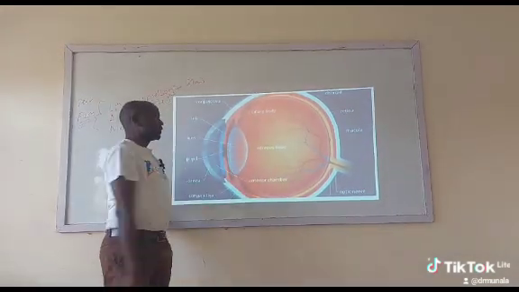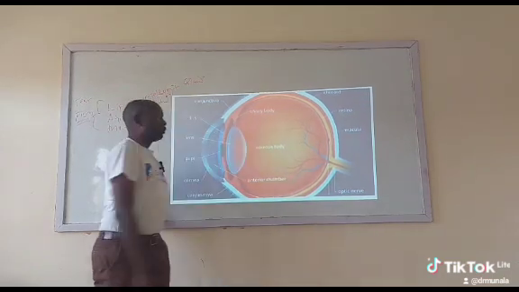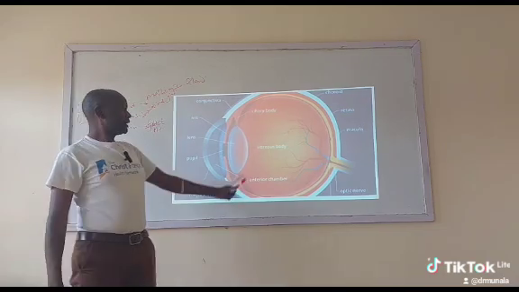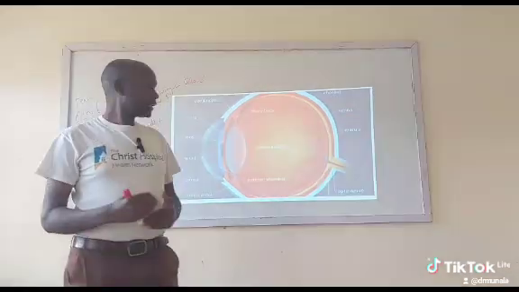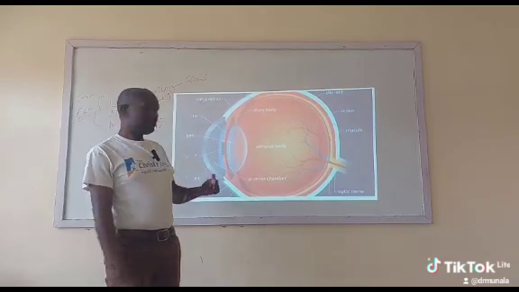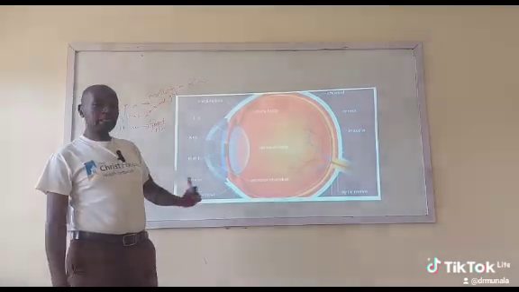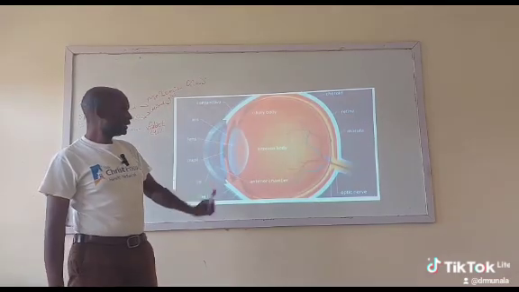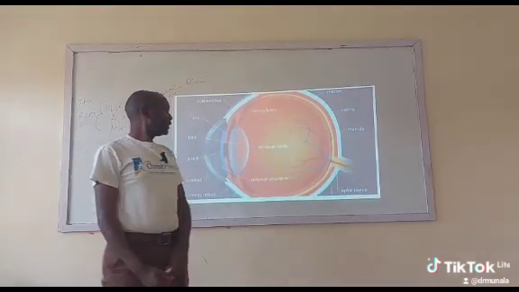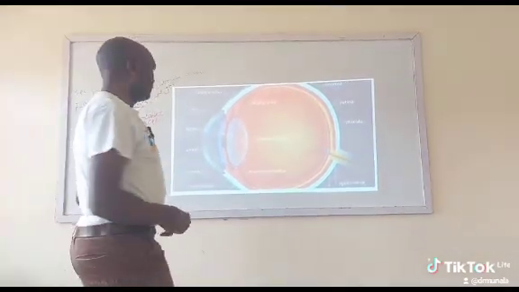From the lens, we come to this big space here, what we are calling the vitreous body. The vitreous body is a jelly-like structure. And what we need to remember is that the cornea, the anterior chamber, the posterior chamber, the lens, and the vitreous body form the optical system of the eye.